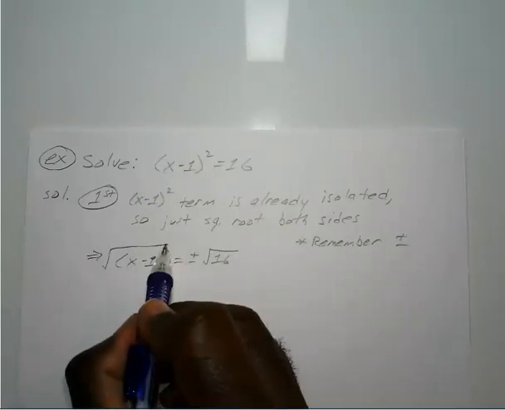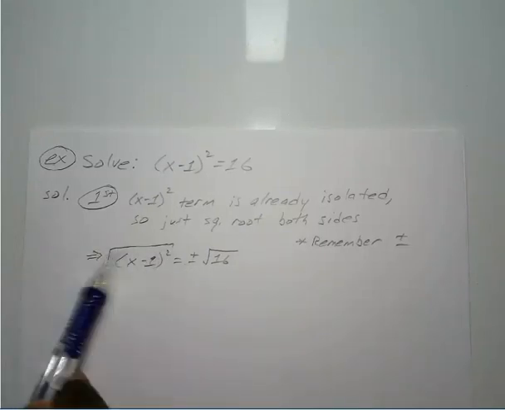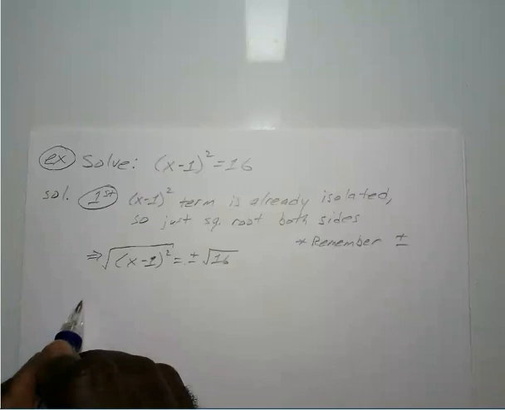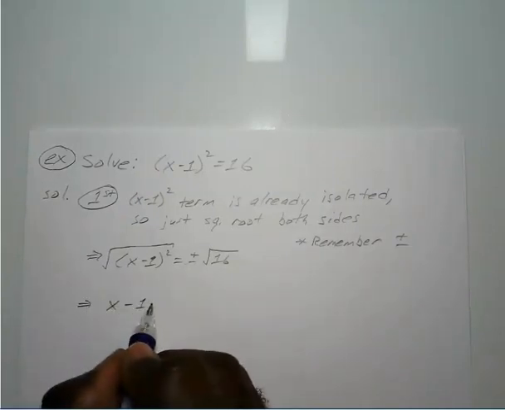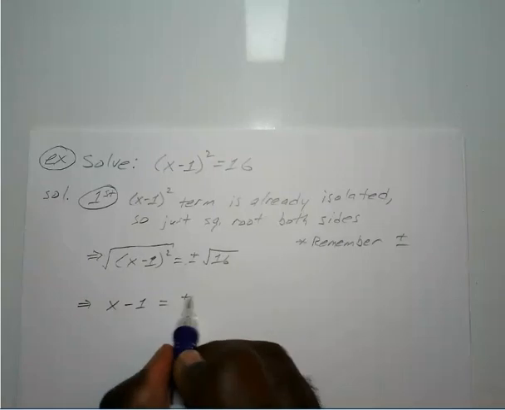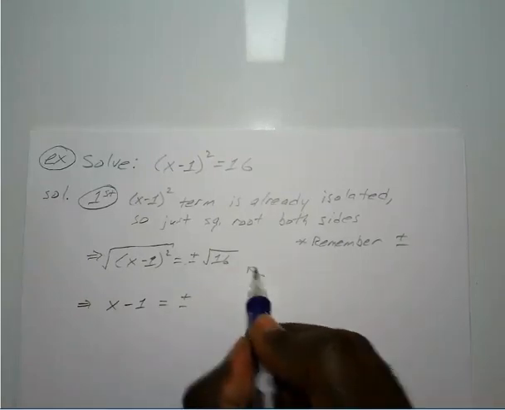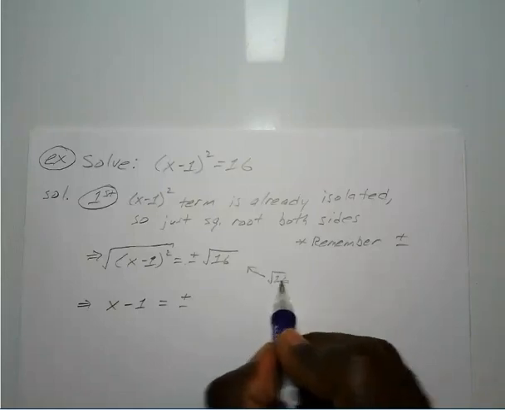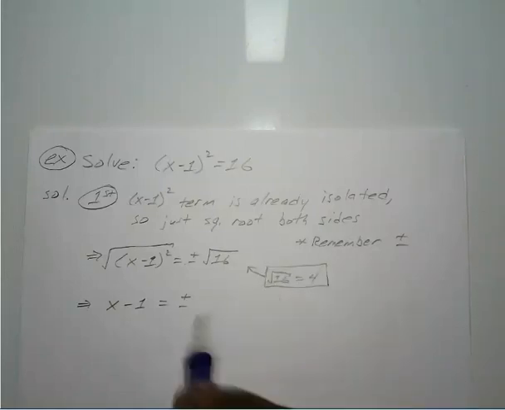Okay, so just like before, our square and our square root cancel each other out. So that just leaves us with x − 1 equals plus or minus. And since we know that the square root of 16 is equal to 4, that leaves us with plus or minus 4.